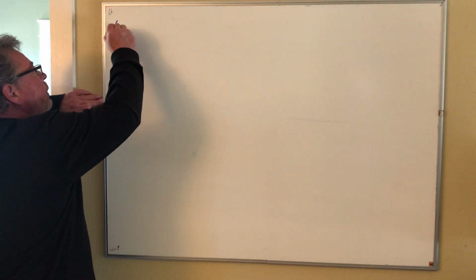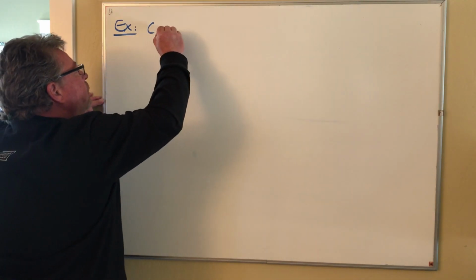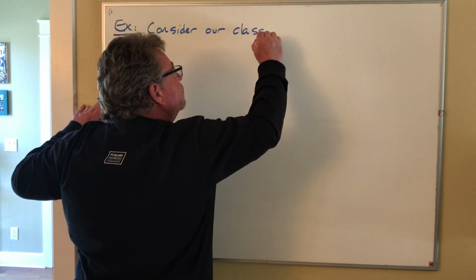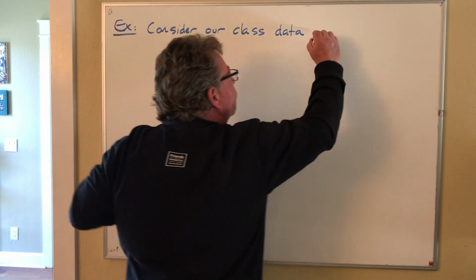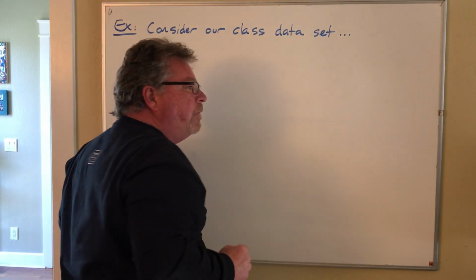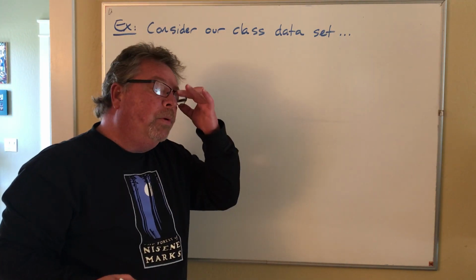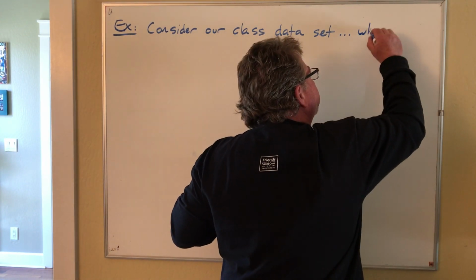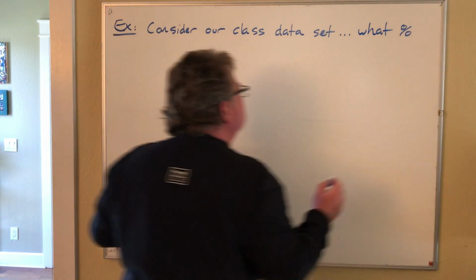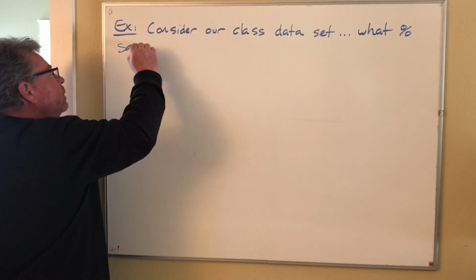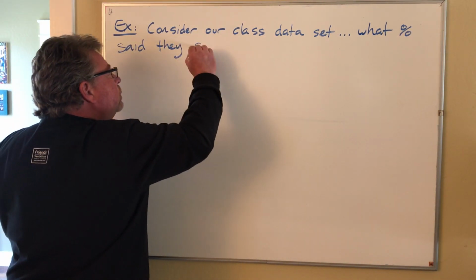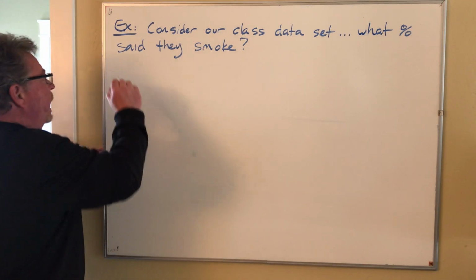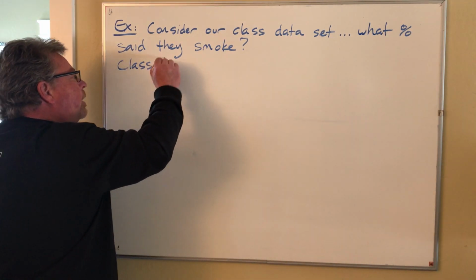All right, so for this example, let's consider our class data set. So hopefully you have a copy of that. And the question that I want to ask is what proportion or percentage said that they smoke? And let's start with class A. That's on one side of the class data set.